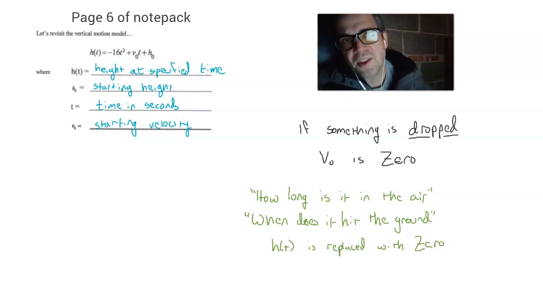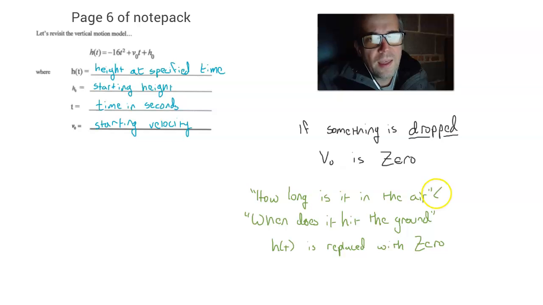Or when does this object hit the ground? I hope you can recognize with a little bit of thinking that these are two ways of asking the same question. If I ask how long something's in the air, that's the same thing as figuring out when it hits the ground.